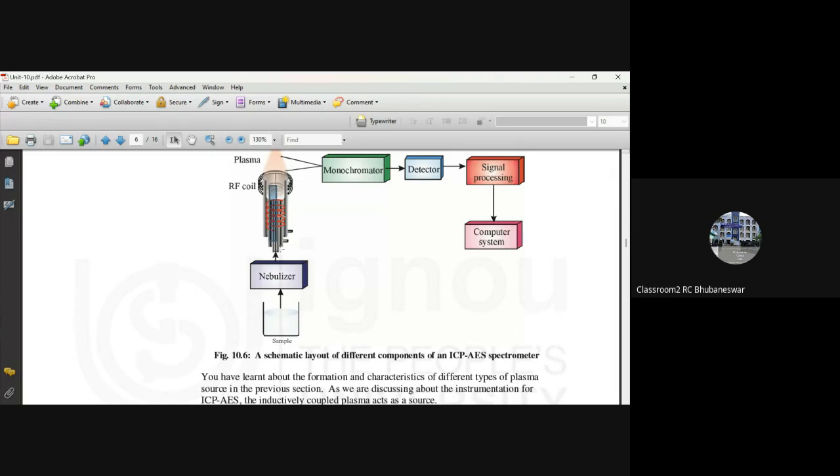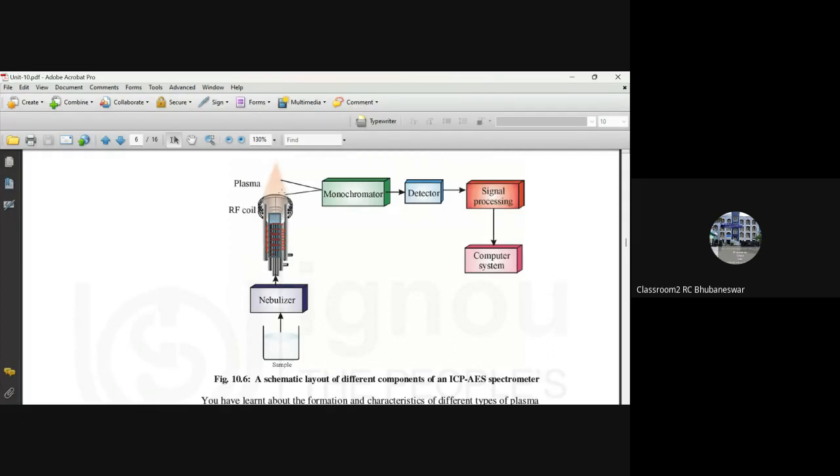So this aerosol, which you are going to spray from the sample, will pass through this quartz tube that is centrally available here. It will be carried through by a flow of argon gas.